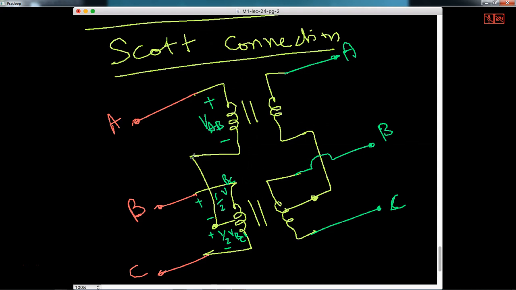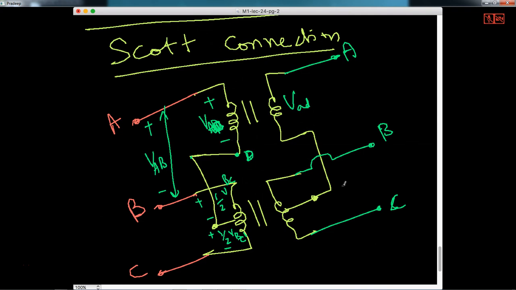So let's call this point D. So this is VAD. So VAB is completely here. If I take this total voltage VAB, and from that I subtract half of VBC, then I'll get the voltage VAD. That voltage is coming out here to the output side.